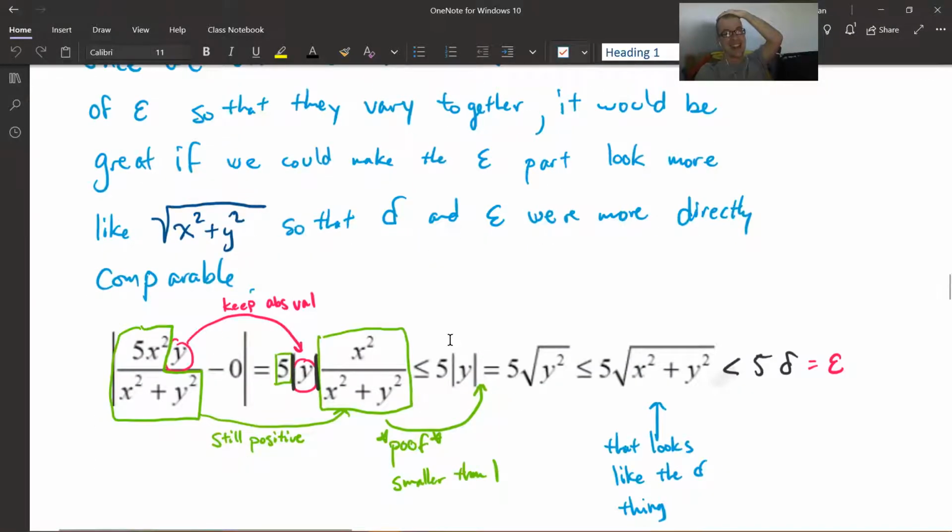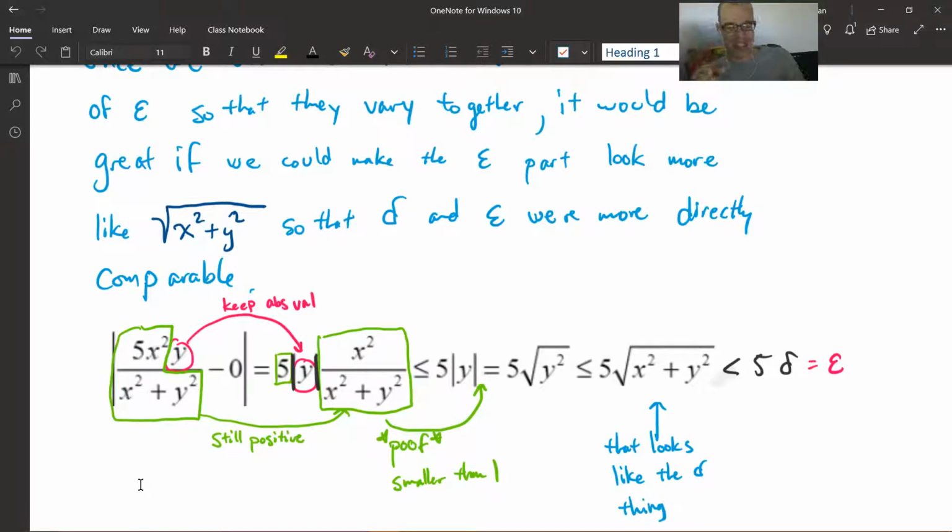So that's the idea behind this string of work. Even though this is kind of a mess to follow, I tried to highlight the important parts so that we could follow it. But I want you to continue paying attention.